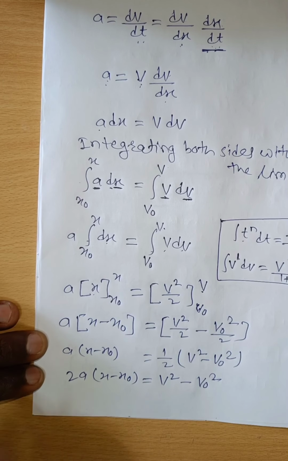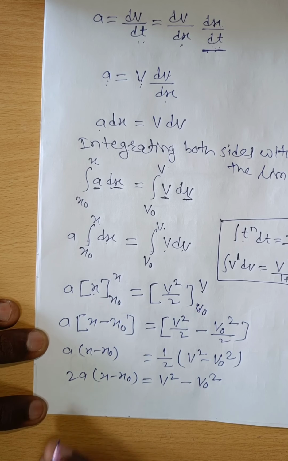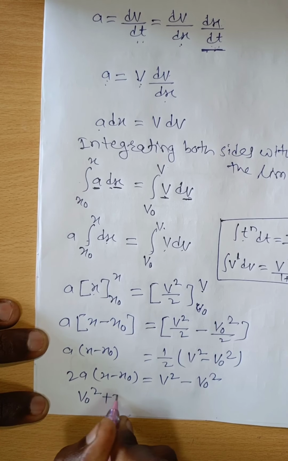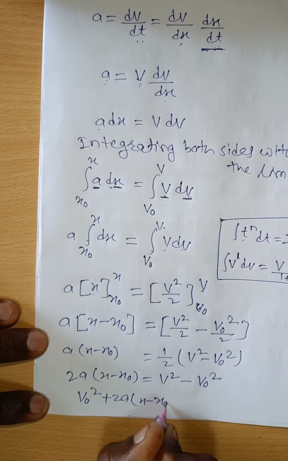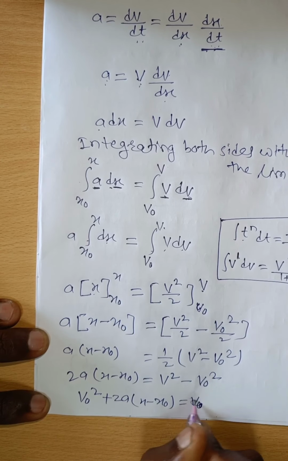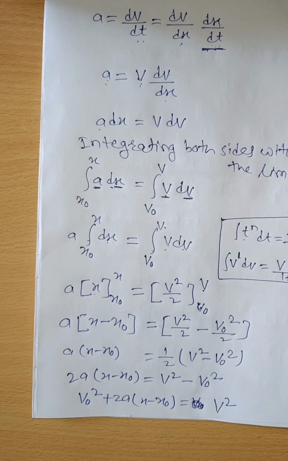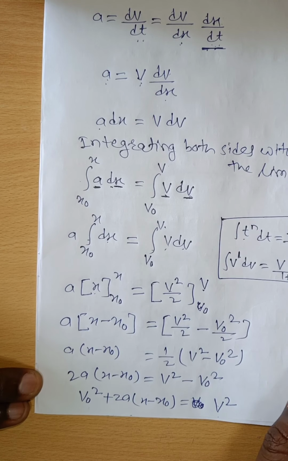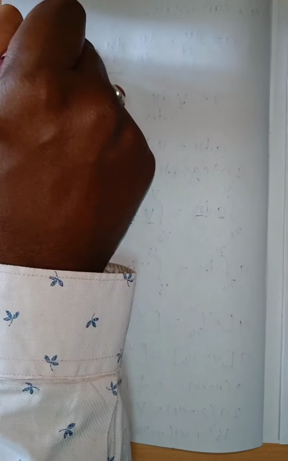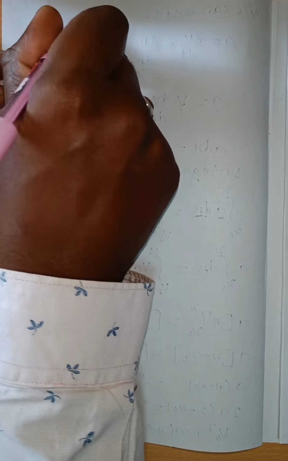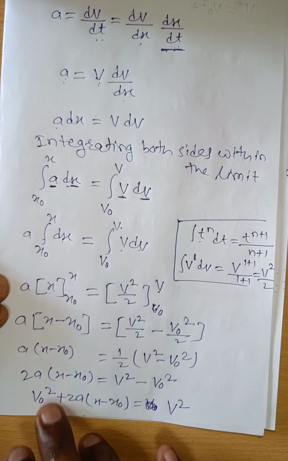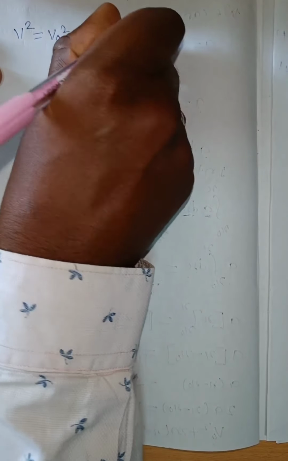Now this minus v naught square we shift to the right, and it becomes plus v naught square, that is v naught square plus 2a into x minus x naught, which is equal to v square. If you rearrange this, v square is equal to v naught square plus 2a into x minus x naught.